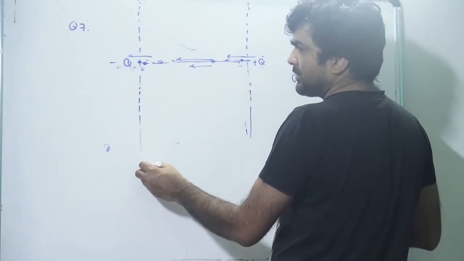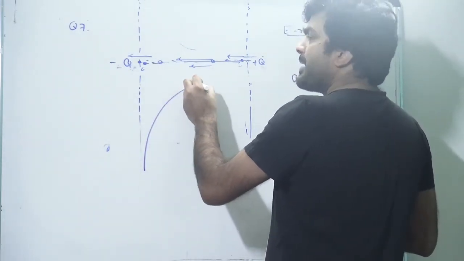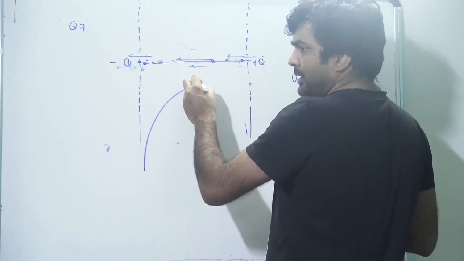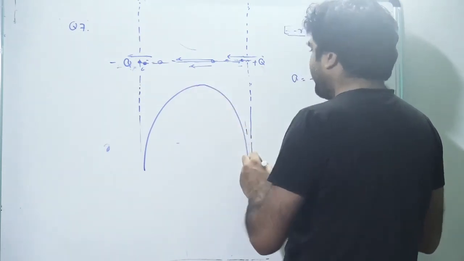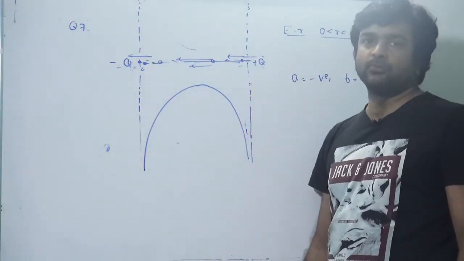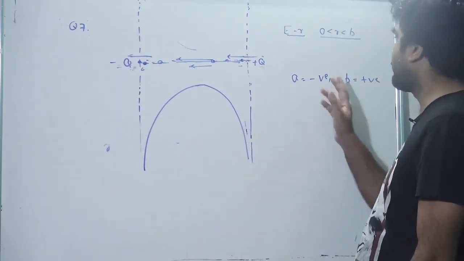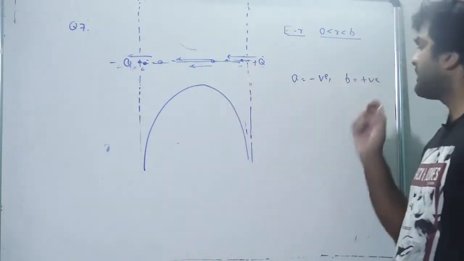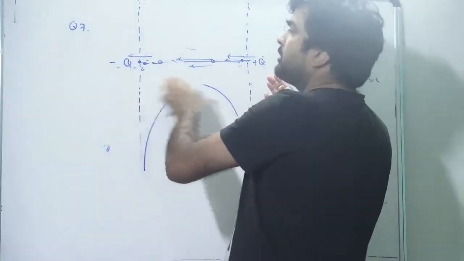The graph will start from minus infinity, go to a maximum value at the midpoint, and then again reach minus infinity just near the charge plus q. Okay, so this is the nature of the graph for the fourth case when A is negative and B is positive, between the 2 point charges on the line joining them.